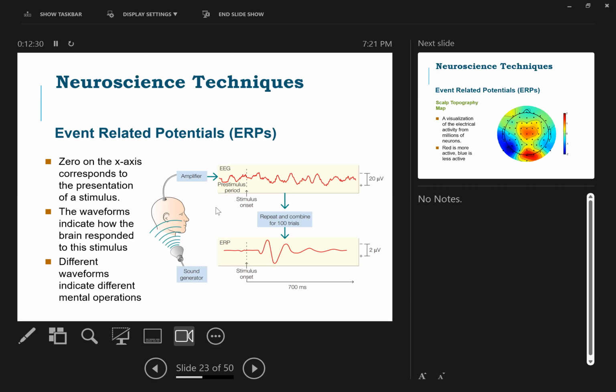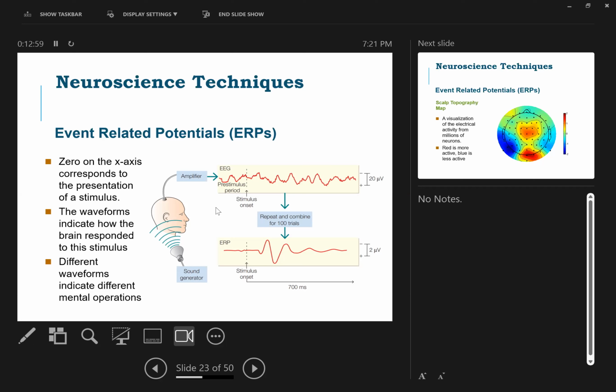But if you have a point where you show an image or you play a sound, and you have all these EEG signals, then you could average them out and get something that we call event-related potential. Because you have an event that happened at time 0, and then something happens maybe 200 milliseconds later, 500 milliseconds later, and you say, okay, this signal shows regret, or this signal shows visual perception.